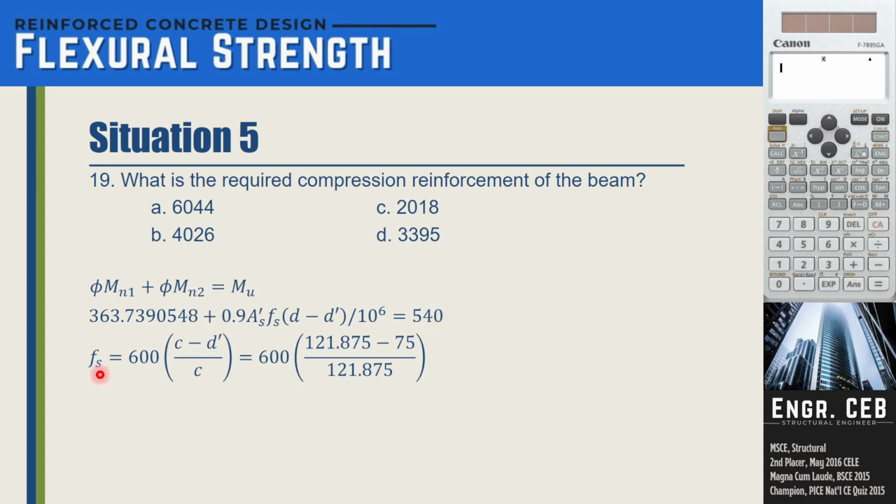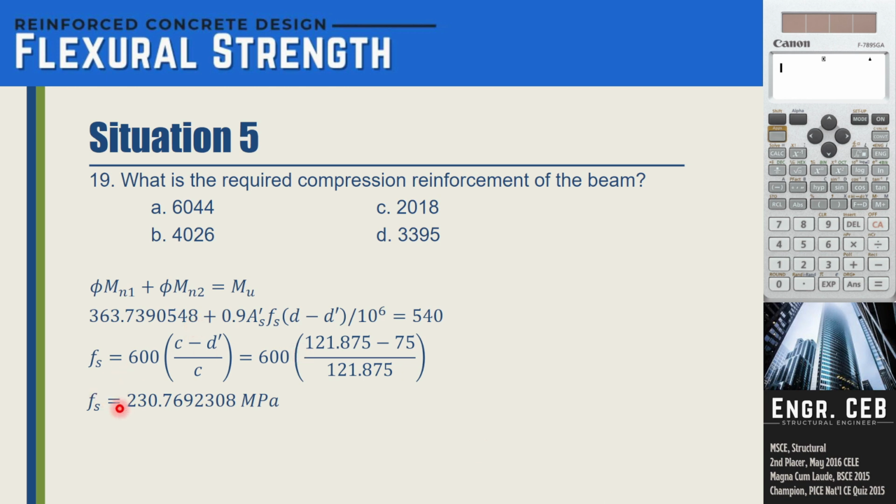Let's compute for fs. That is 600 times (c minus d') over c. So we have 600 times (c minus 75) over c. So fs is 230.769 megapascal. That is why I placed fs right away here. Actually, it should be fy, but since we already have the value of c, we can immediately check whether the compression steel will yield or not.